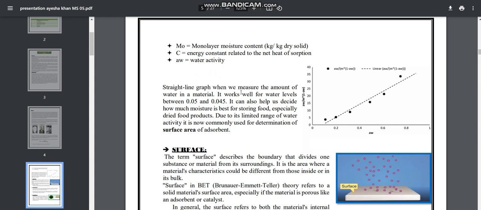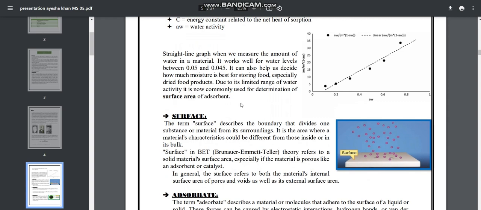If we plot a graph for the moisture content, we will get a straight line. This shows that it works very well for water activity levels between 0.05 and 0.4. So it means it has a limited range. Due to its limited range of water activity, it is commonly used for the determination of surface area of adsorbent.